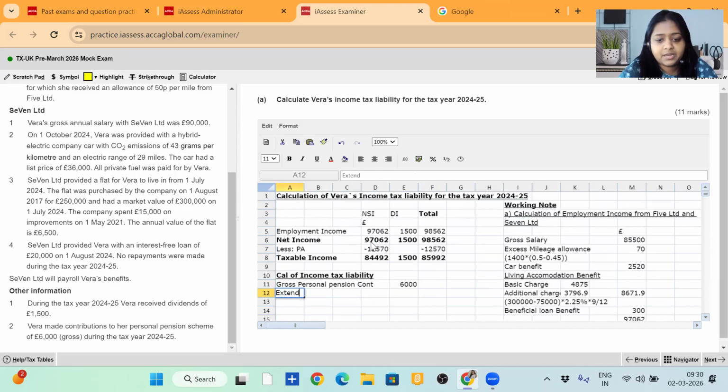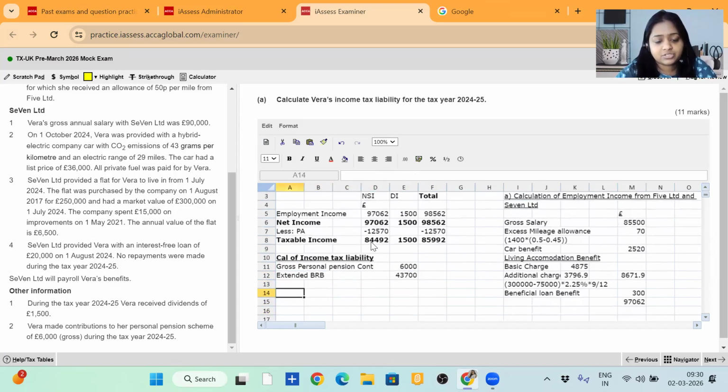So extended BRB will be, because you don't need HRB, it is not going beyond 125,140, this plus 37,700. Always write this, it will give you 1 mark plus it will give you clarity. Now let's calculate the taxability. So first I will take NSI, and I will take till 43,700, the full BRB. Tax will be here, I will write BRB, and here I will tax it at 20%. Here you please include it.